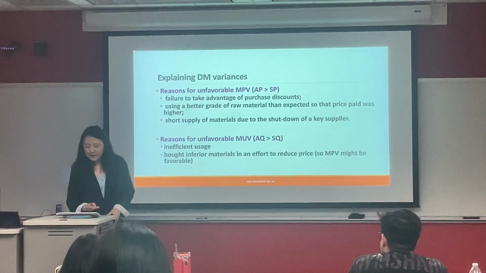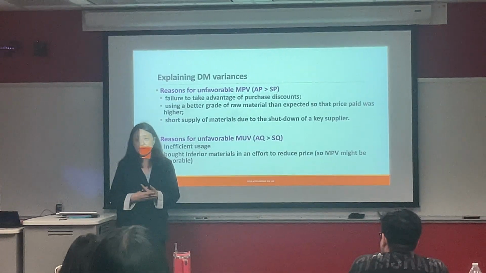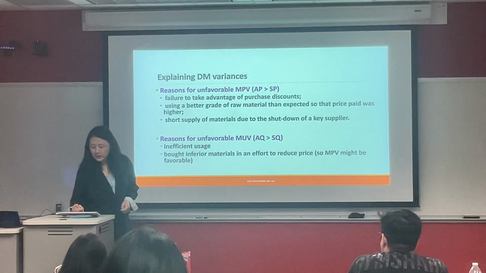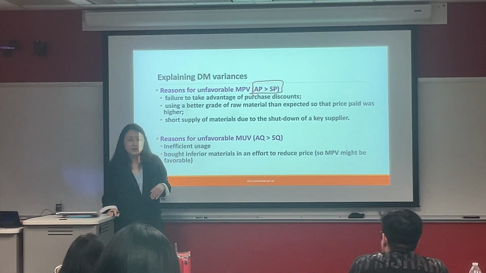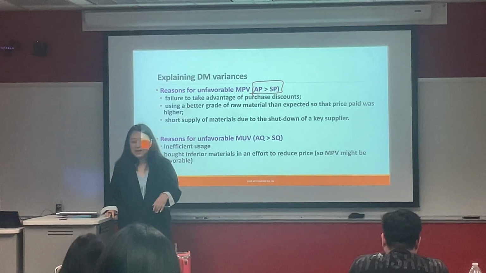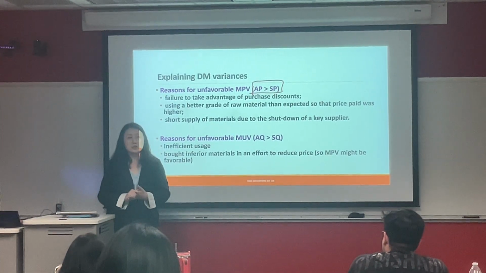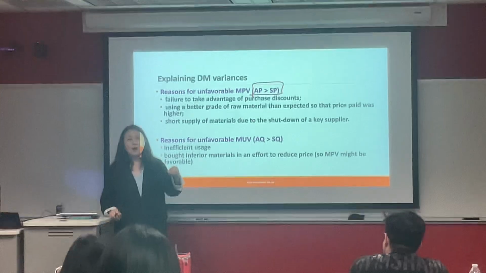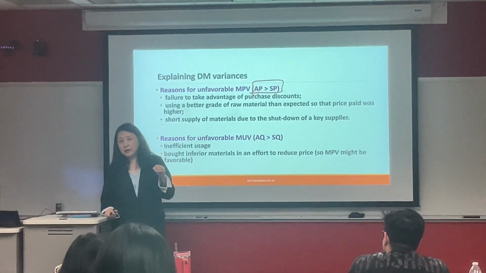When we talk about an unfavorable price variance, we are only looking at whether the actual price is higher than the standard price. You probably will ask, what about the quantity portion? The quantity portion only helps you understand whether you should investigate or not.